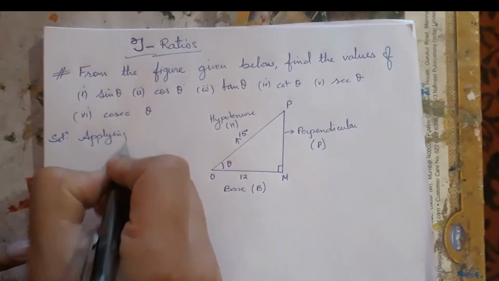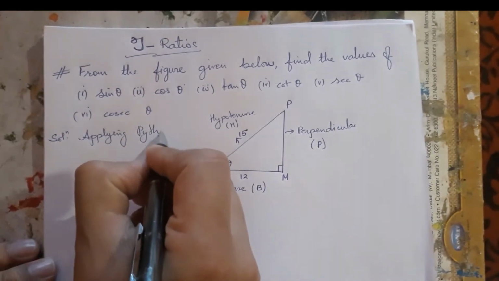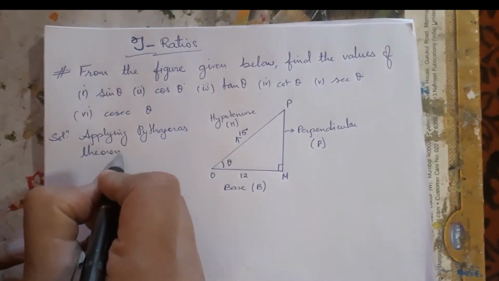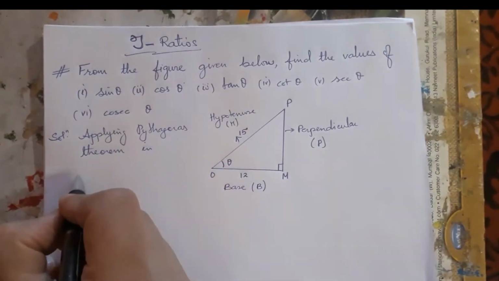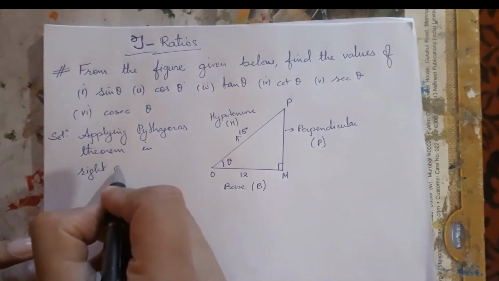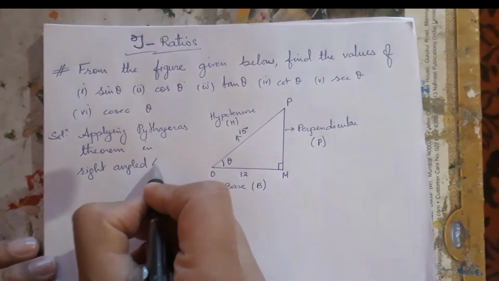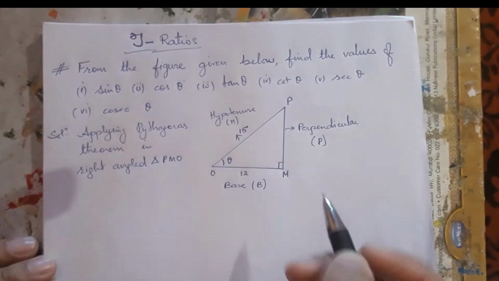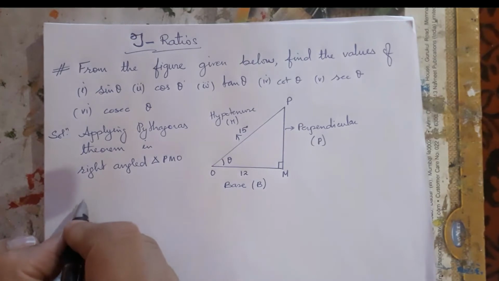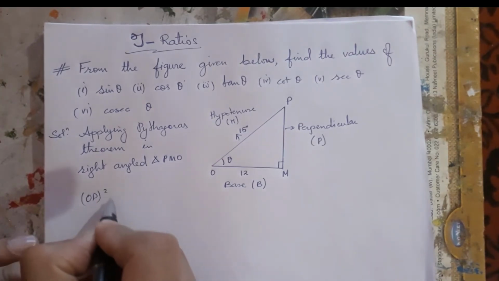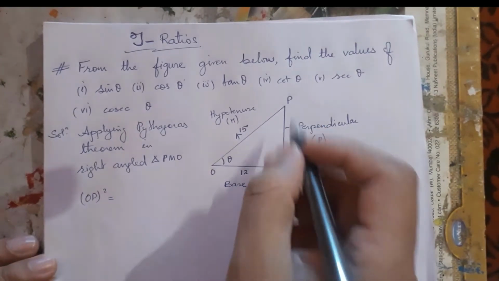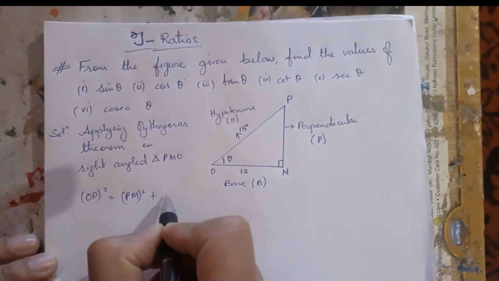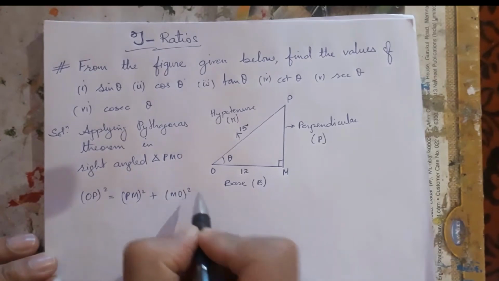Applying Pythagoras theorem in right angled triangle PMO, then we know this hypotenuse square, that is OP square, will be equal to PM square plus MO square.